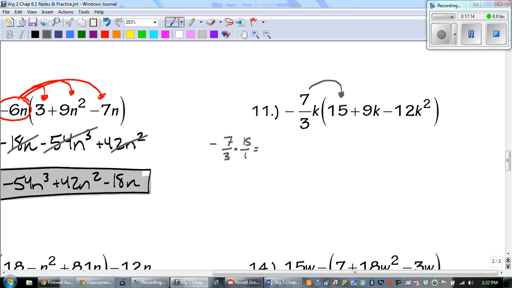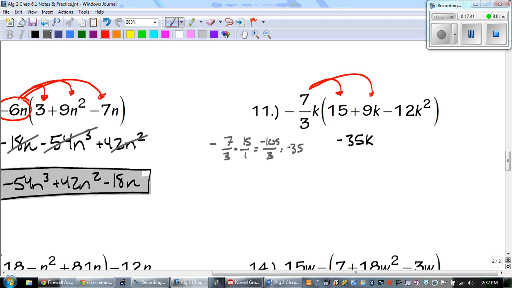Okay? So 7 times 15, we get 105 divided by 3, and it's negative. And then we divide that by 3, we get negative 35. Okay? So our first one is negative 35, and then don't forget about the k. All right? So that was our first one.